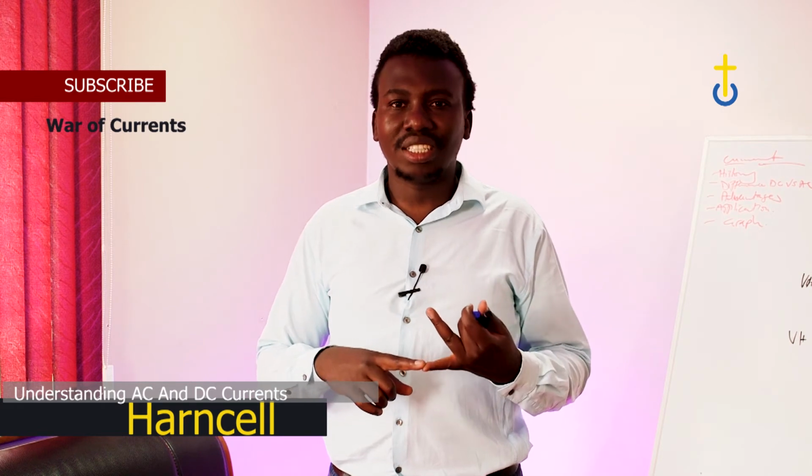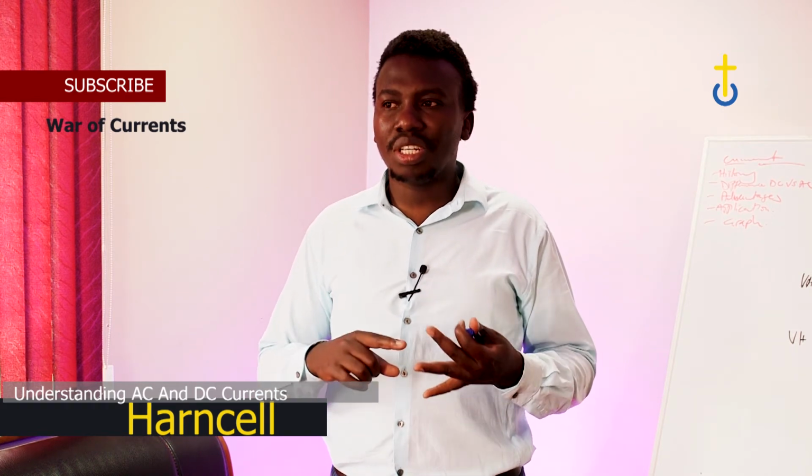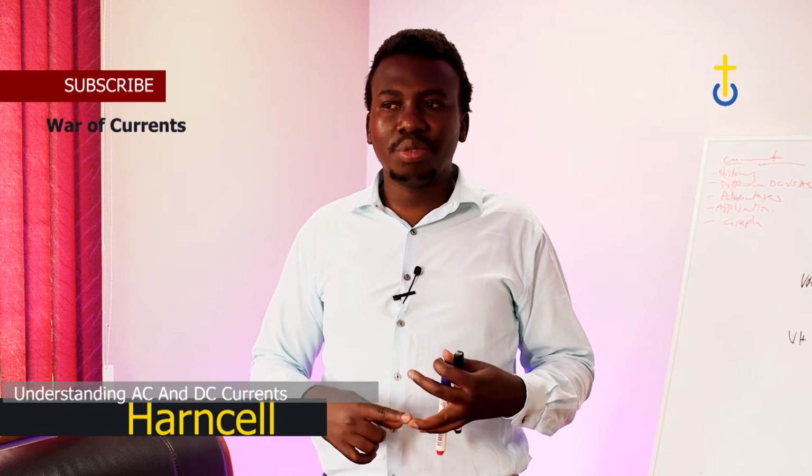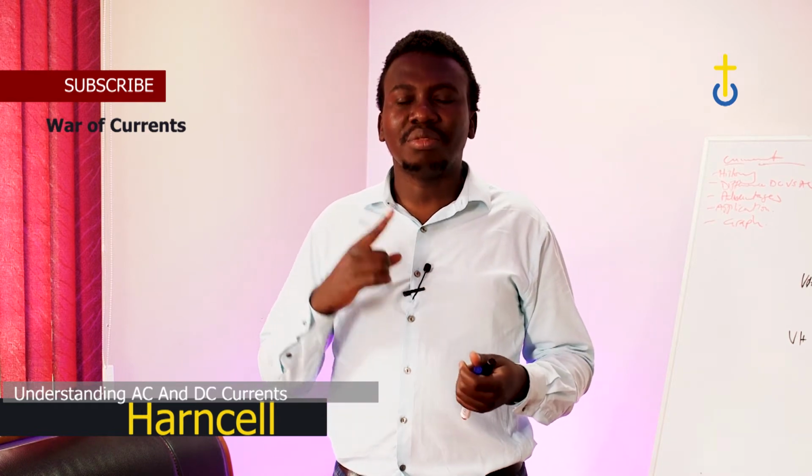But the setback with this is, imagine a world where every 2 kilometers you have a power generating plant. Just imagine that. Number one, it is space consuming, it is not easy to build these plants, and it is very, very expensive.